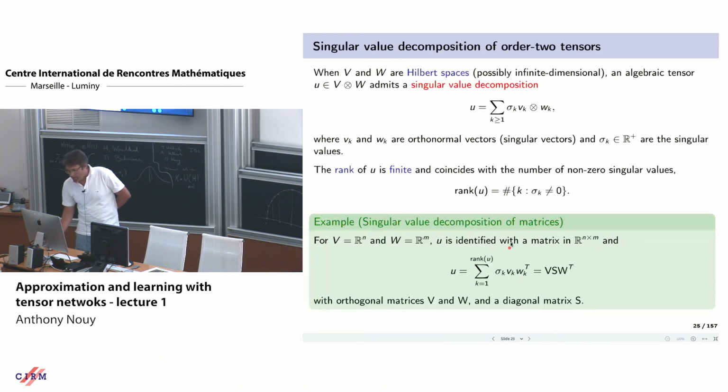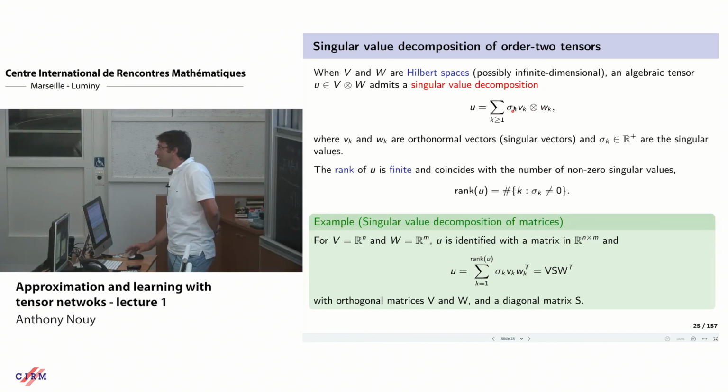Okay. A notion which will be important later also for tensor networks is the singular value decomposition of tensors. If you have two Hilbert spaces, V and W, possibly infinite dimensional, an algebraic tensor U in the algebraic tensor space V tensor product with W admits a singular value decomposition, which is a decomposition like this, with sigma k called the singular values that are positive numbers, and Vk and Wk are vectors in spaces V and W respectively.